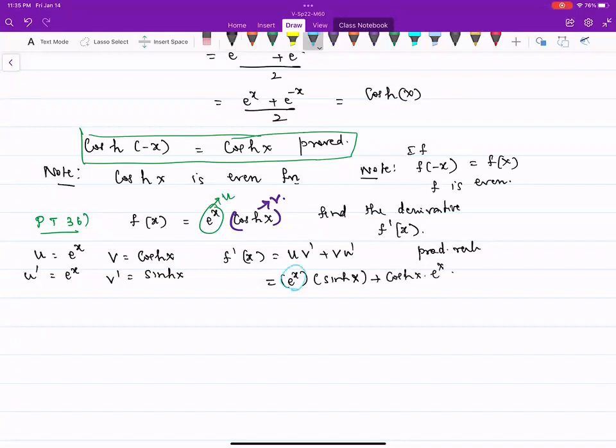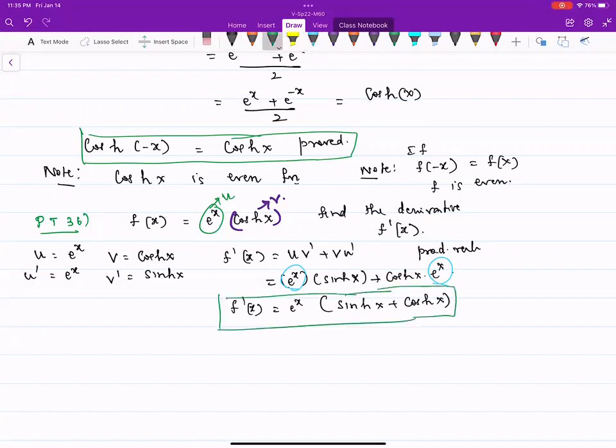In these two, you notice e to the x is a common factor. So e to the x times sine hyperbolic plus cosine hyperbolic. That is the answer to the problem.